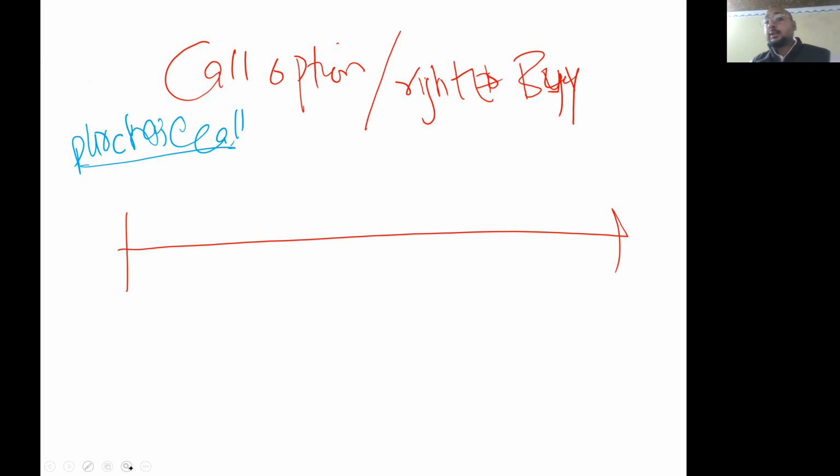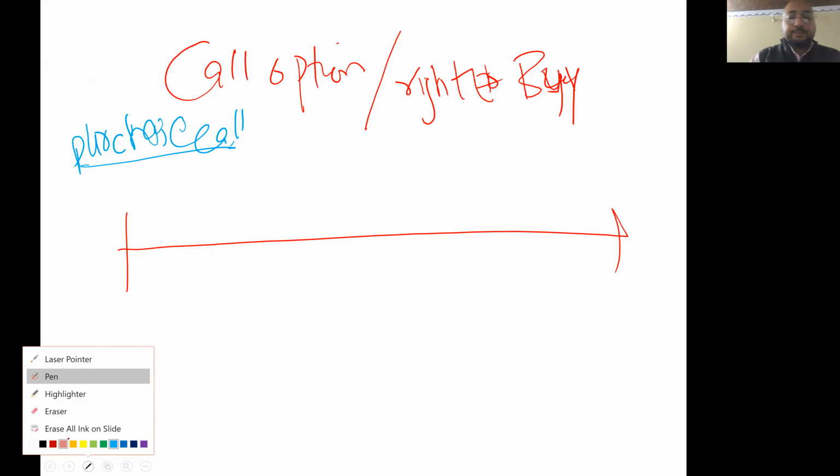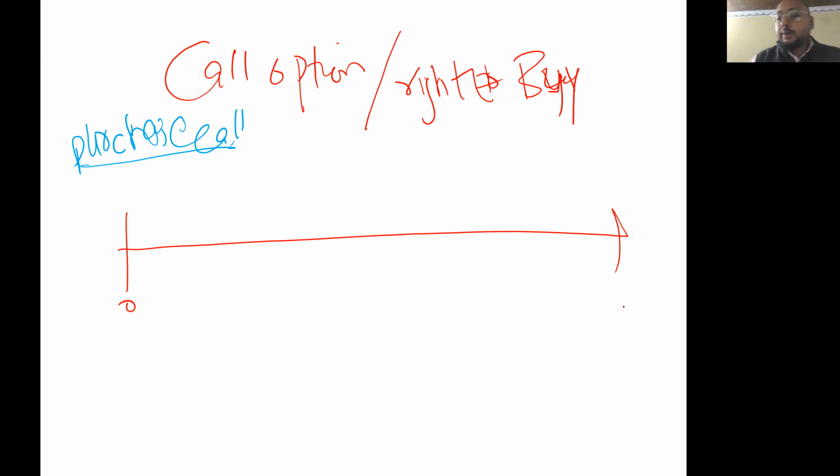Purchaser of the call means I have a right to buy a currency. The rate at which you negotiate the contract is called the exercise price or strike price, denoted as X.